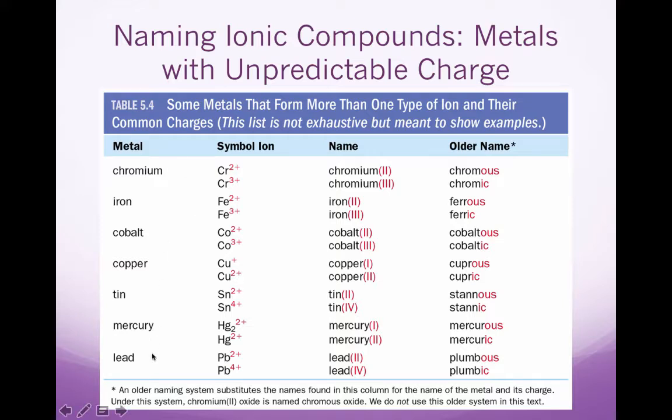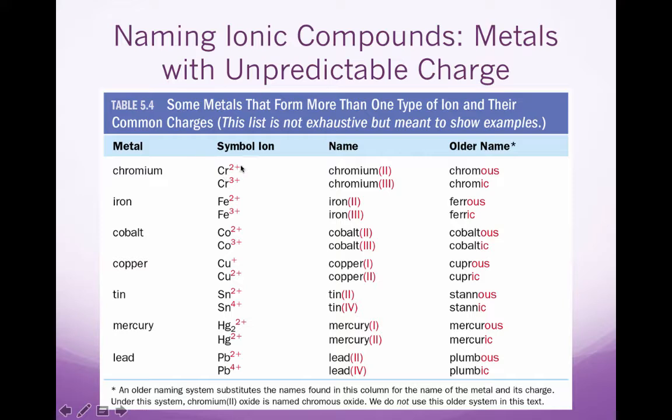But again, here's some examples: chromium, iron, cobalt, copper, tin, mercury, lead. Here's the symbol for the ion. So you can see chromium can form Cr2+, Cr3+, and there's more than that. Iron, 2 and 3, cobalt 2+, 3+, so on and so forth. Then how we write their name is we write the name of the element, and then in parentheses we put the charge in Roman numerals.